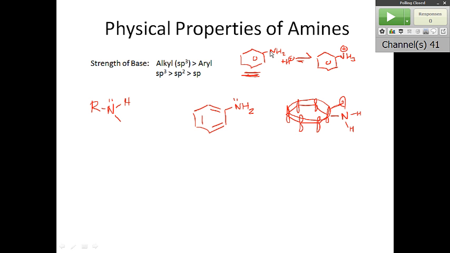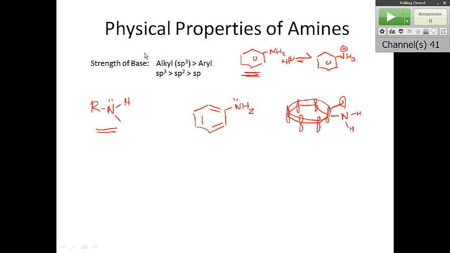To the left. So if the initial reactant is stabilized because of that lone pair, it shifts the equilibrium back to the left, and that makes it a weaker base. We don't have that issue with the non-aromatic amines. There's no conjugation possible, and so in general, aryl amines are less basic than alkyl ones.